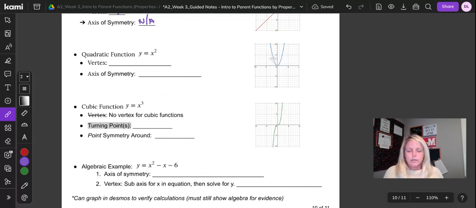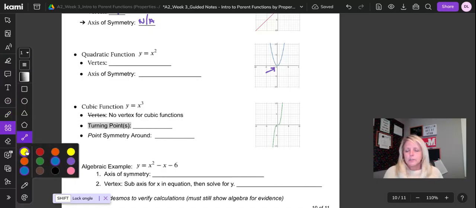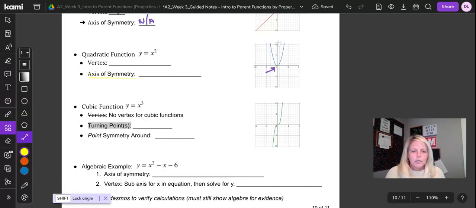Y equals x squared. I can see that my lowest point is at the bottom here, and my axis of symmetry is going to be this line here. It is the vertical line that goes through the vertex.